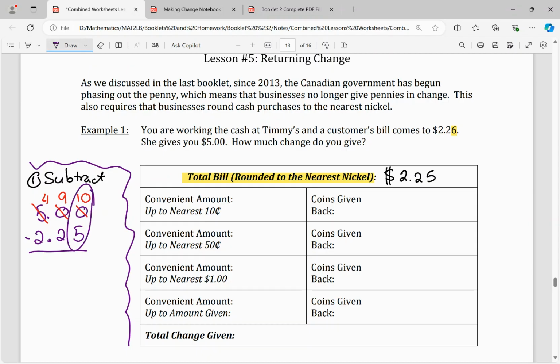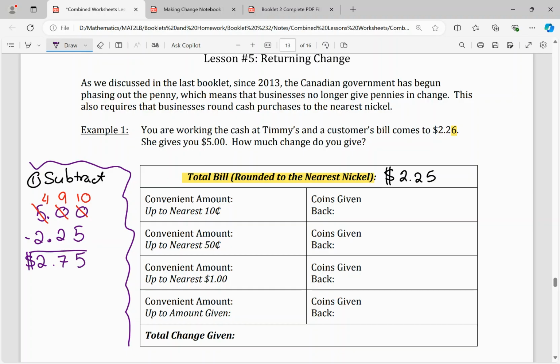Now we can subtract our first column. 10 minus 5 gives us 5, 9 minus 2 gives us 7, and 4 minus 2 gives us 2. This means that the customer needs $2.75 as change.